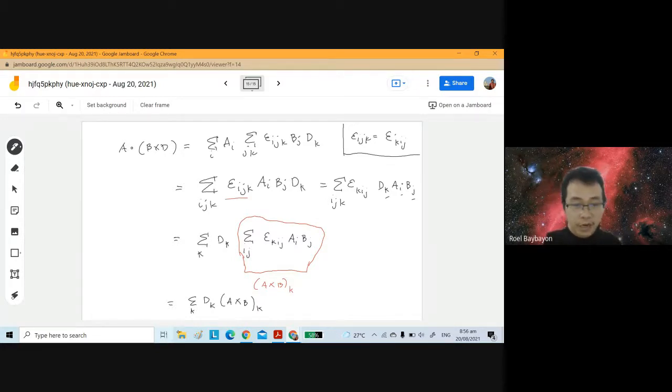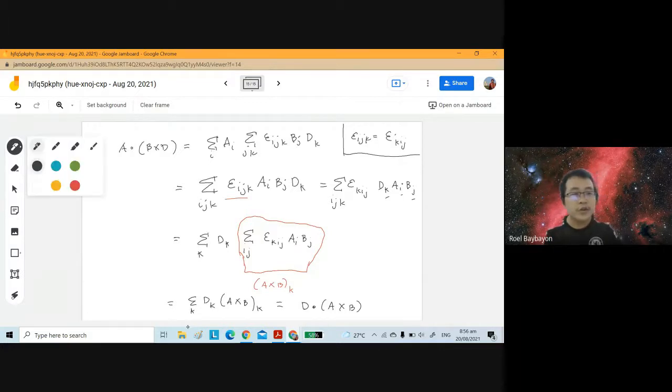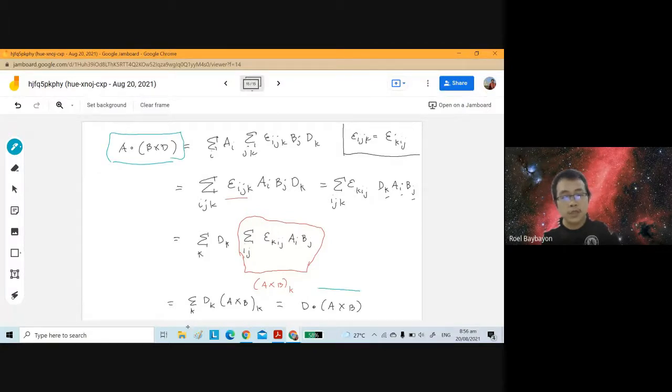Since they have the same index, K, K, K, this is just equal to the dot product of D and A cross B. So therefore, we prove that D dot A cross B is equal to D dot A cross B, using the Levi-Civita symbol.